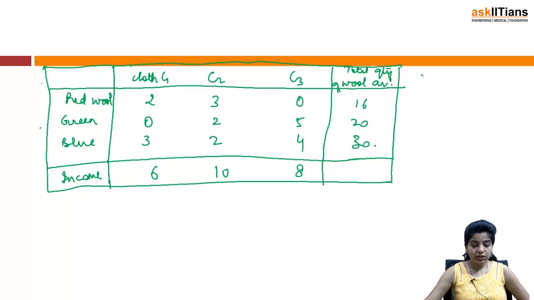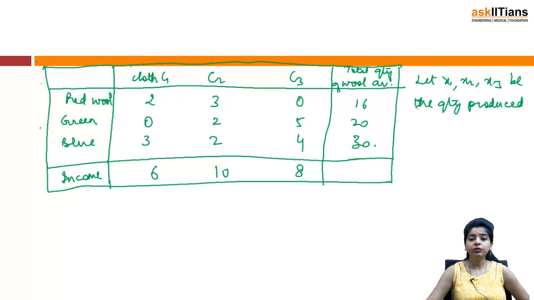So now again just assume that x1, x2, x3 be the quantity produced, in meters of cloth C1, C2, C3 respectively, right?